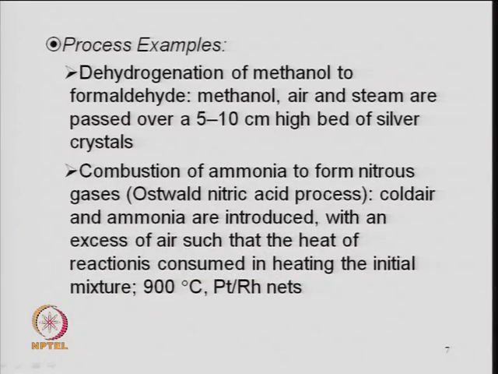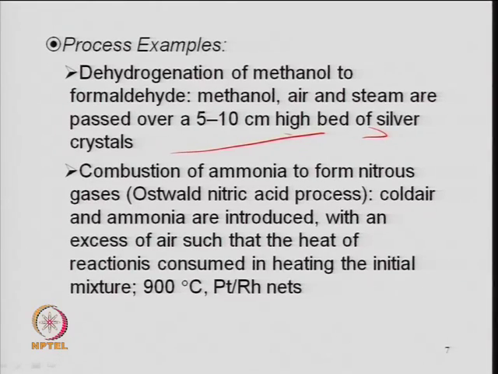So, there are some other examples also which I discussed, that is dehydrogenation of methanol to formaldehyde, right. Methanol, air and steam are reacted just over a 5 to 10 centimeter high bed of silver catalyst, and that gives you dehydrogenation of methanol to formaldehyde. There are other catalysts which have been used, copper based catalysts also for dehydrogenation, but that gives a kind of dimethyl ether and ethylene.